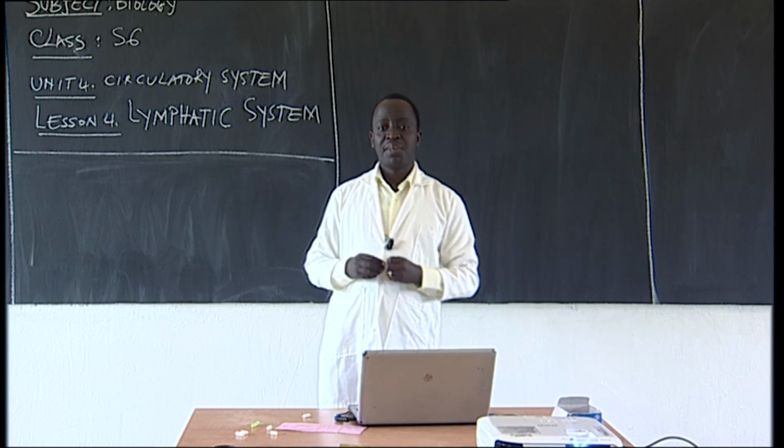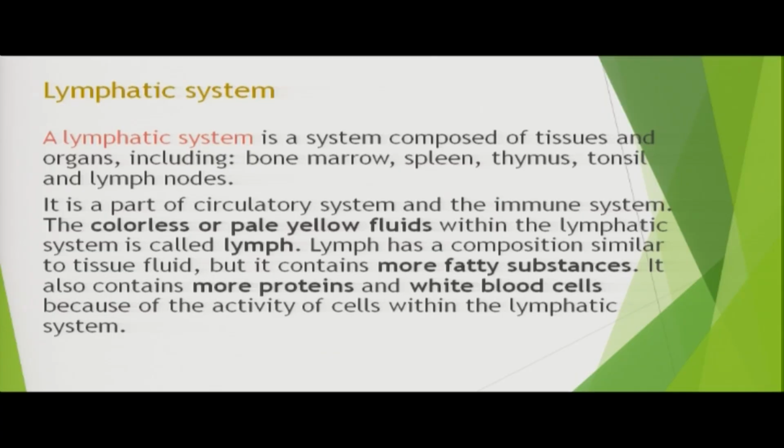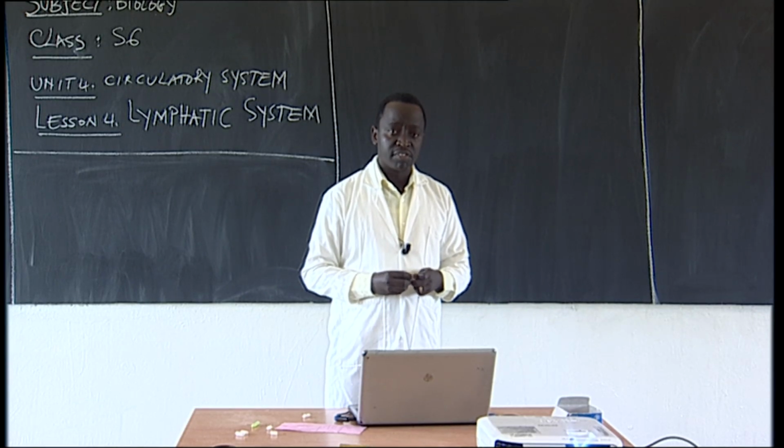Today we are going to see the lymphatic system. When we talk about the lymphatic system, what is that? It is a system composed of tissues and organs. It is also a part of the circulatory system. Let's see some parts that make up this lymphatic system.